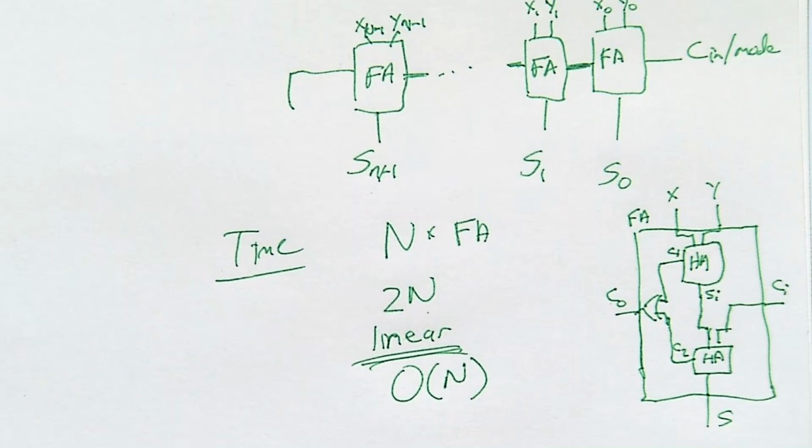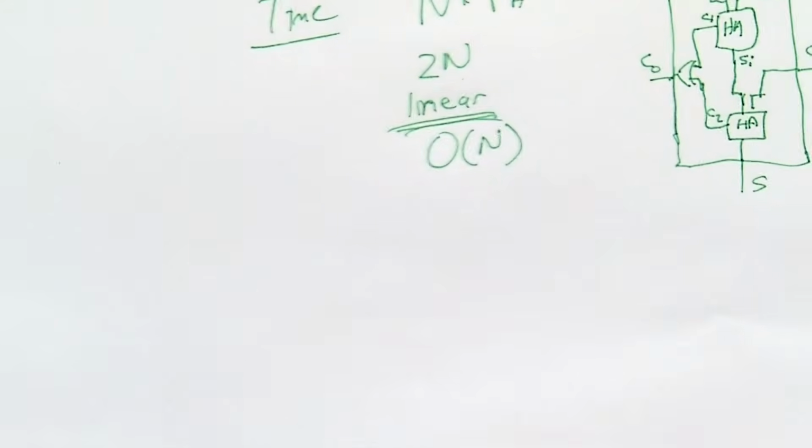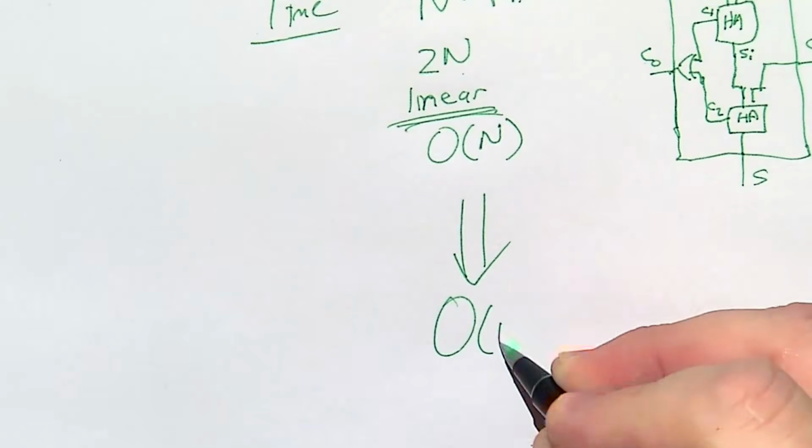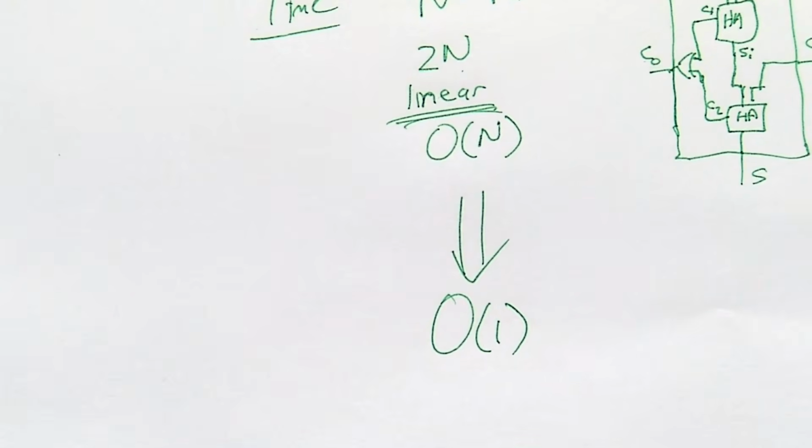Right? So in theory, this is where we start getting to time complexity being horrible.